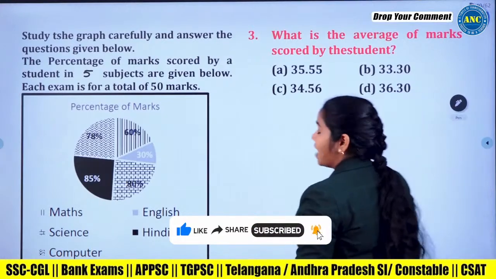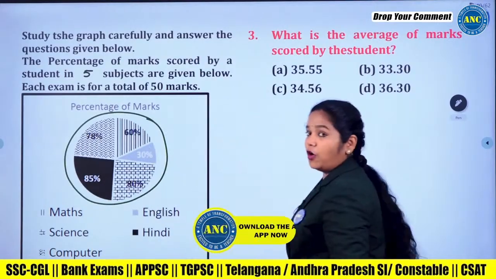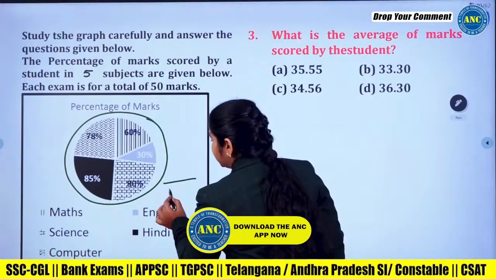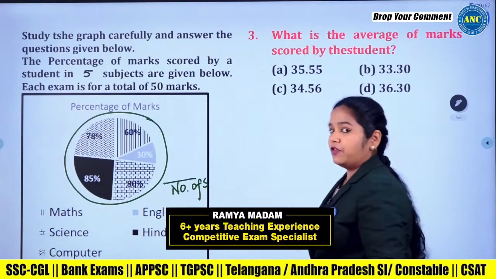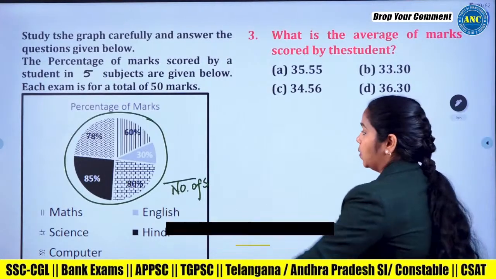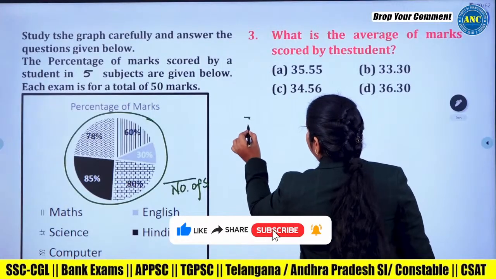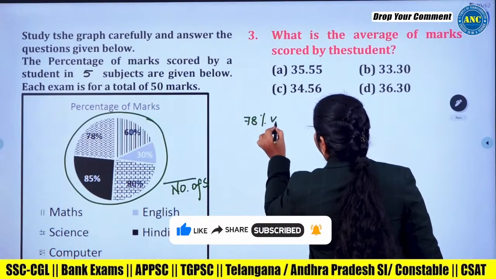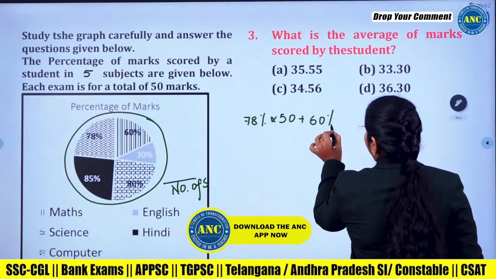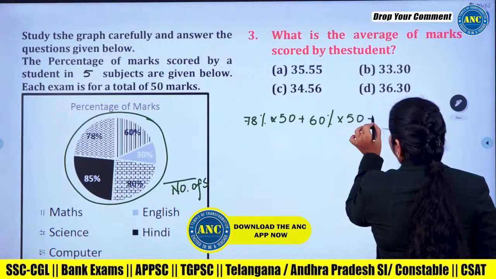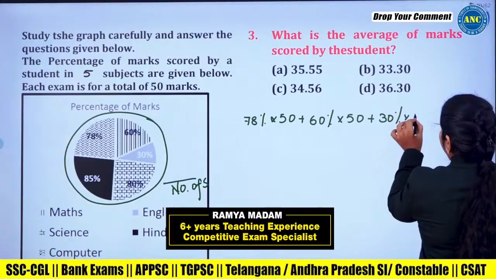Average is nothing but the sum of all the marks by the number of subjects, right? Generally, they will take 78% of 50 plus 60% of 50 plus so on, 30% of 50.